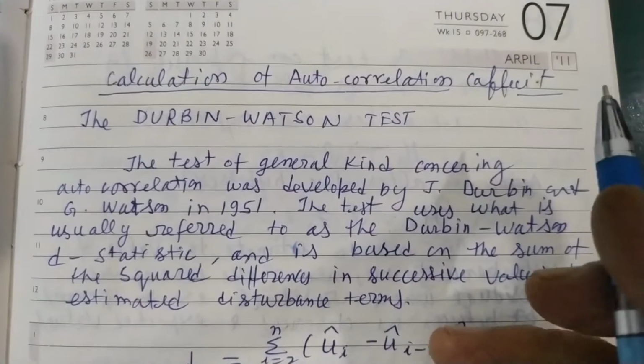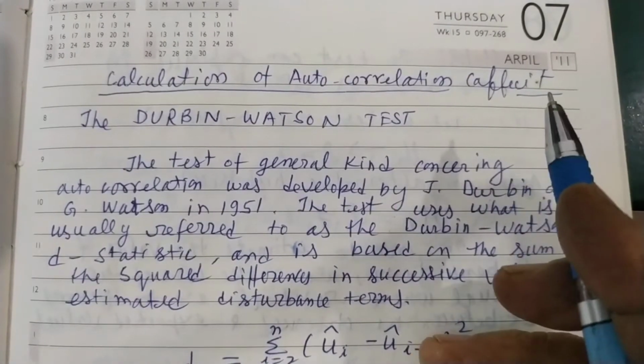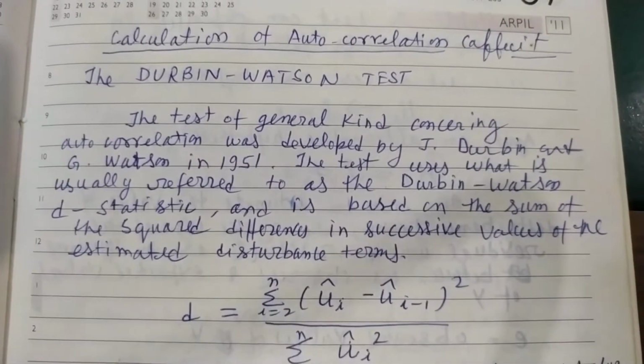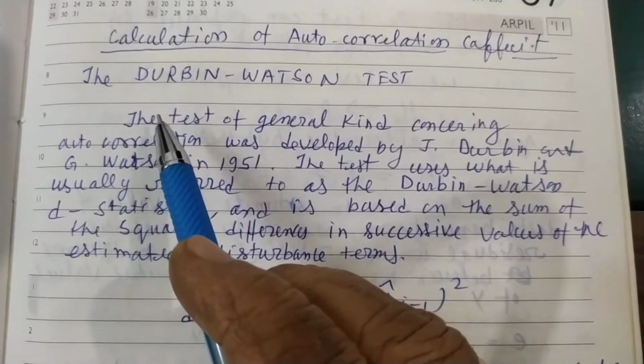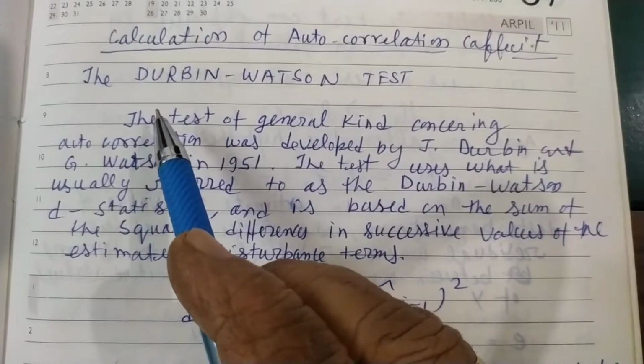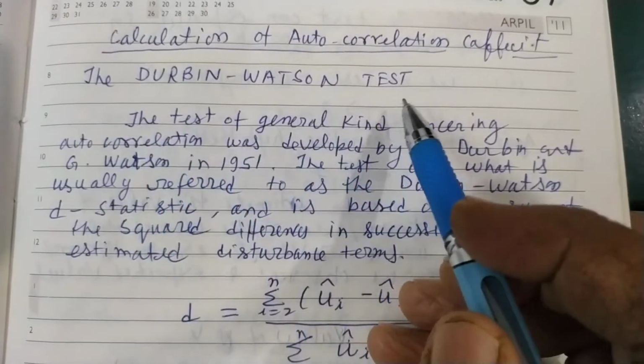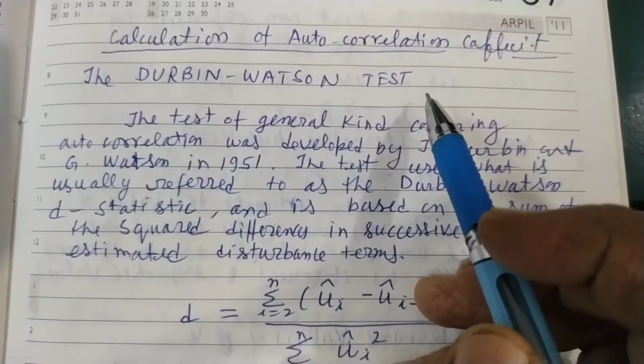Calculation of the autocorrelation test. After calculation, we derive a test which is given for testing whether autocorrelation is present or not, called the Durbin-Watson test.